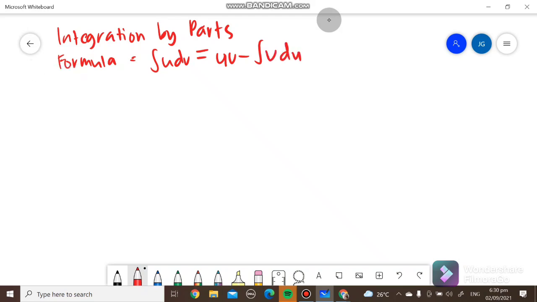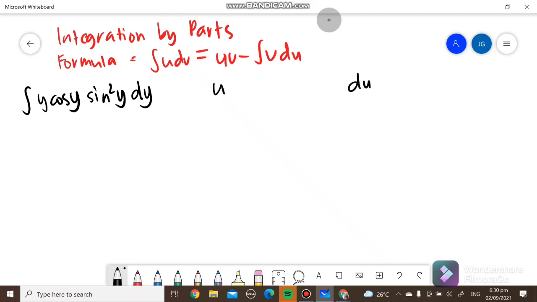So, for this example, just like before, we have the integral of y cosine y sine squared y dy. We need the values of u, du, dv, and v.